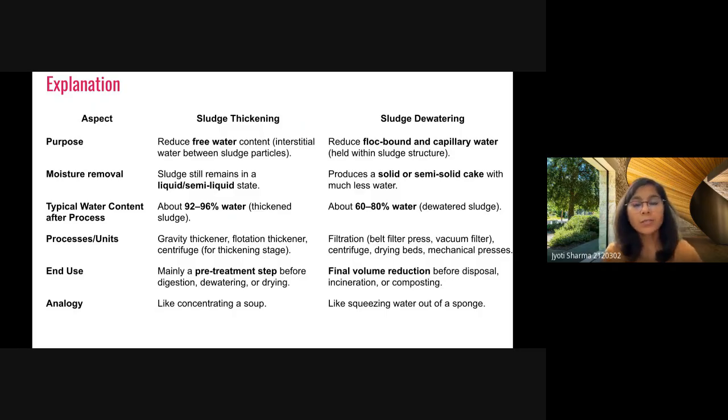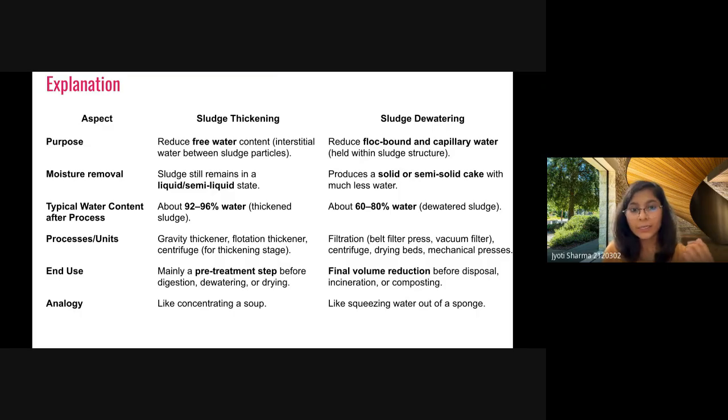Likewise, even after sludge thickening, the sludge will have a liquid or semi-liquid state. But if we go through sludge dewatering, it means we are converting it into a solid or semi solid cake, right? Typically in thickening we are removing 92 to 96% water, but in dewatering we are removing 60 to 80% water.